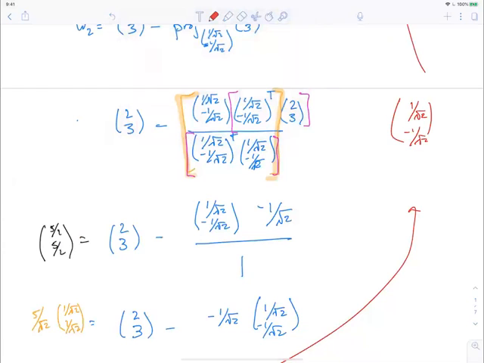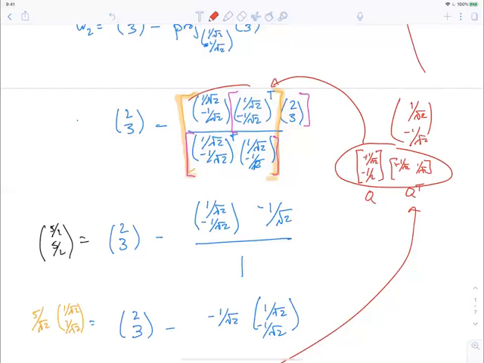You're projecting onto this line, and the projection matrix is simply taking a partial matrix of Q, in this case just a single vector, and multiplying it by its transpose. And this gives you the projection matrix, which is exactly what you see right here.